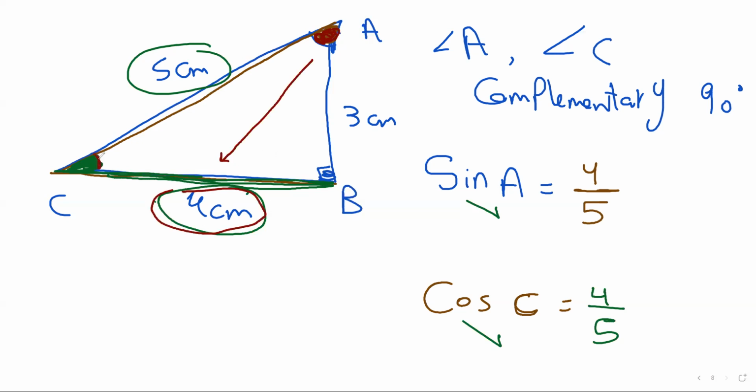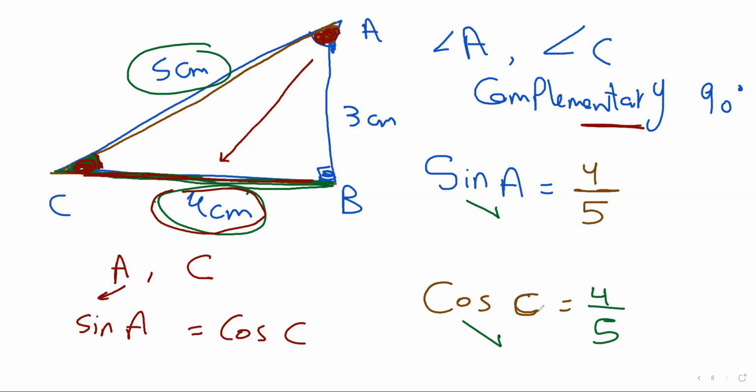And cosine C is the adjacent over the hypotenuse, 4/5. So we discovered that if we have two complementary angles, like angle A and C, then sine A is the same as cosine C.